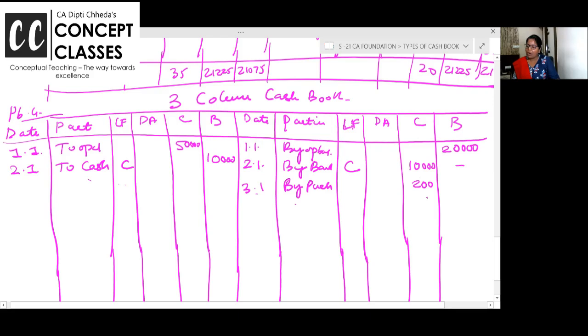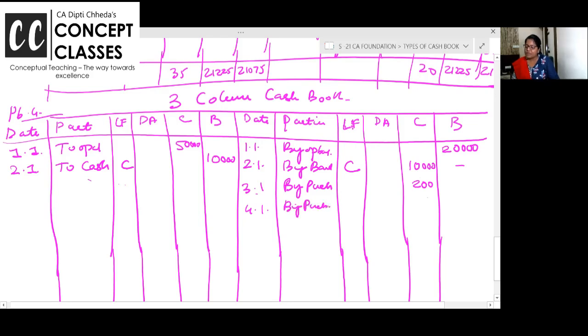Next, bought goods by check. 4th of January, by purchases.